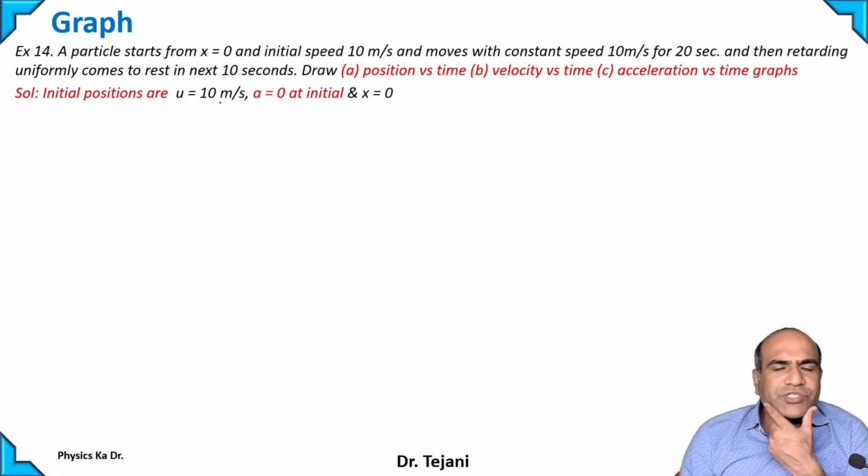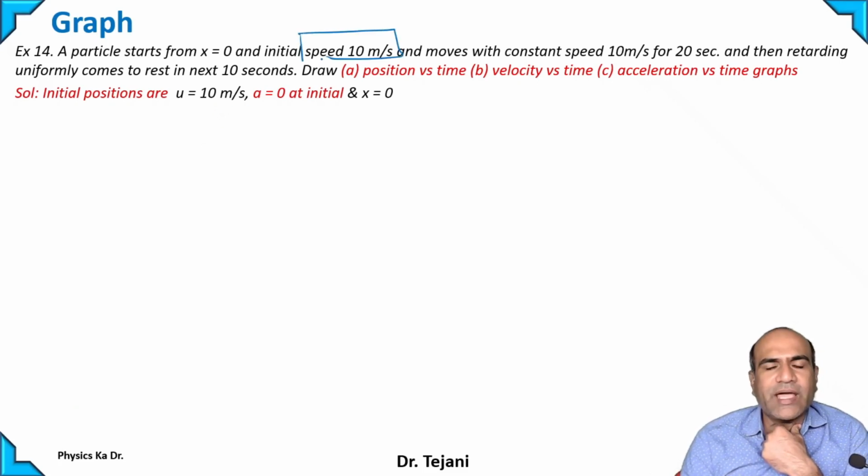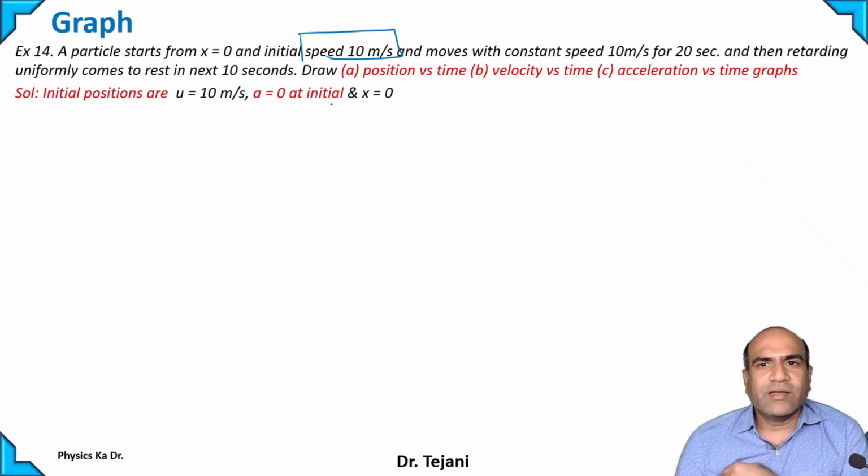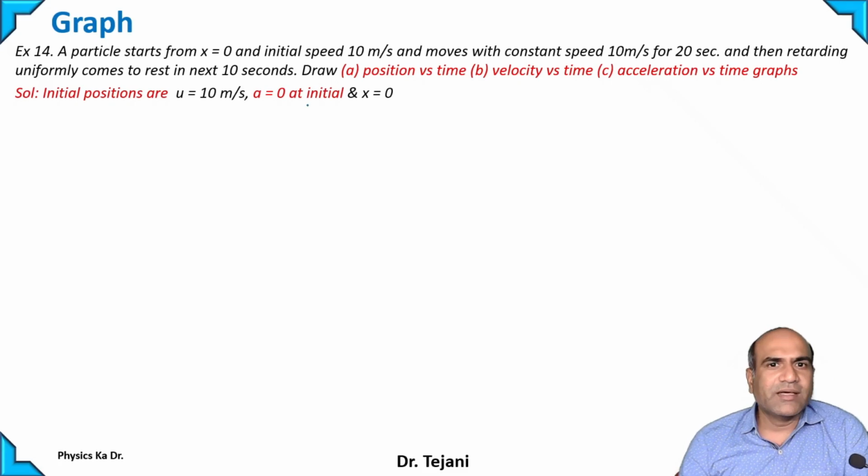So first, initial position and u are given. Here it is given 10 meter per second, right? Initially x is equal to 0. Initial speed is given directly, it is starting from 10 meter per second. It is having constant speed, so acceleration is 0.